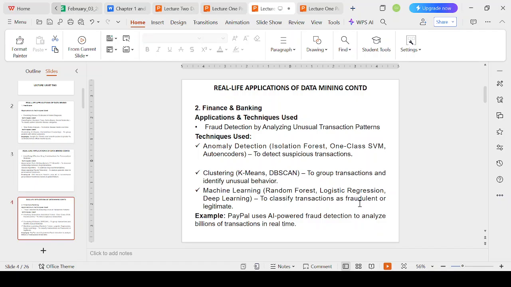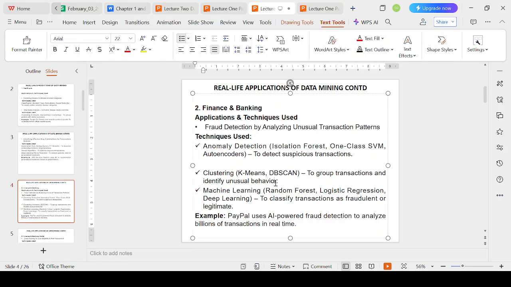Clustering, K-means, DBSCAN to group transactions and identify unusual behavior. Machine learning, random forest, logistic regression, deep learning to classify transactions as fraudulent or legitimate.